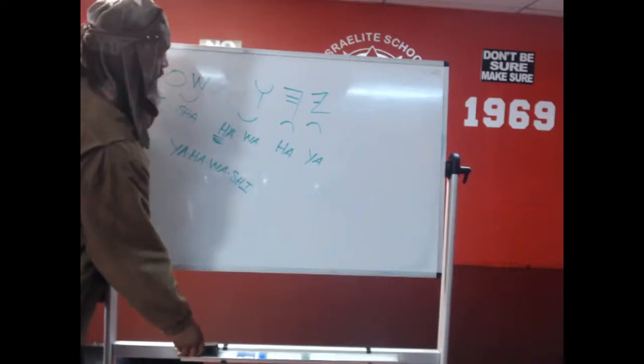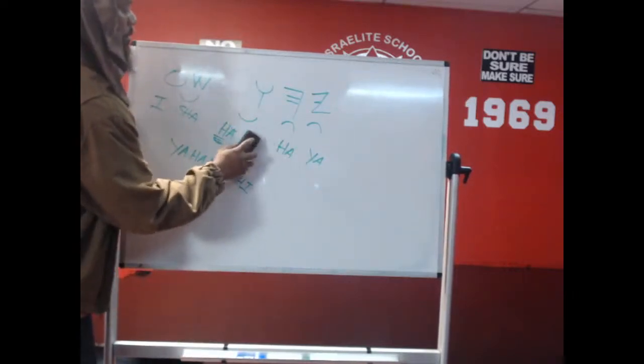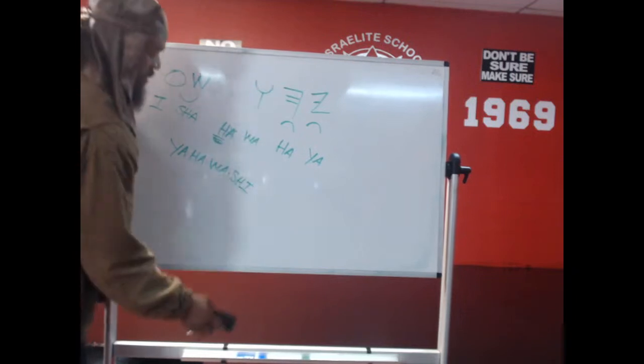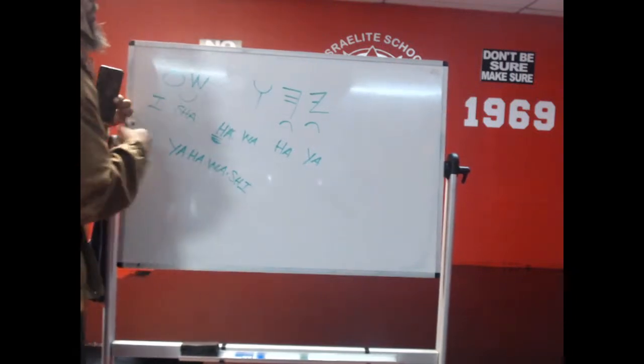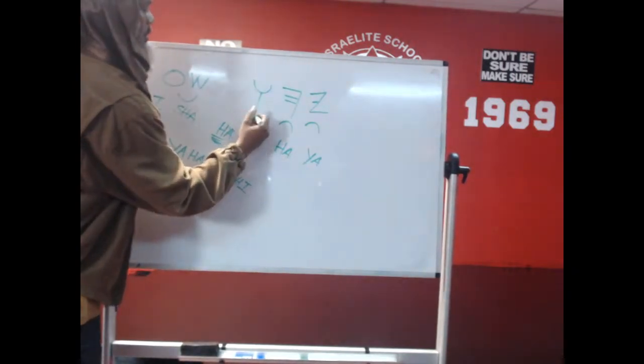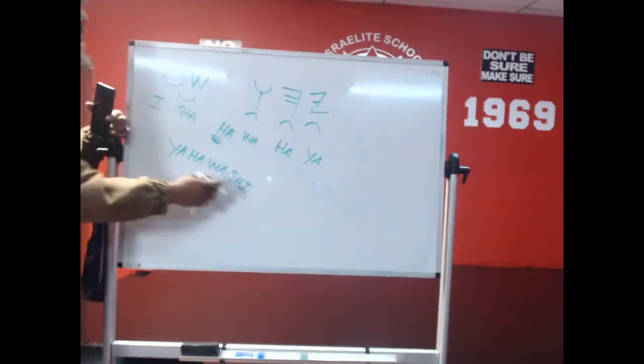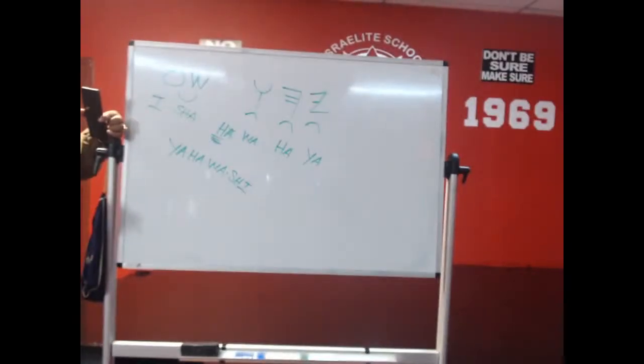Now, what did I just write out? So now I pronounce it Yahweh. And we just wrote out... Okay, no, so we wrote out Yahweh earlier, the Most High's name. And now Yahweh Shai is Christ. Very good, Christ's name.